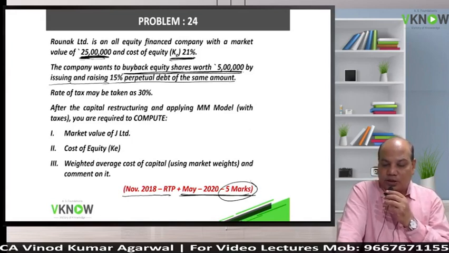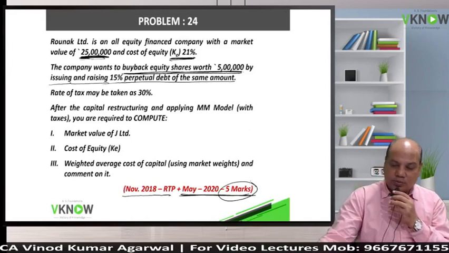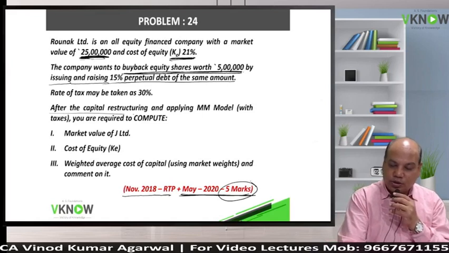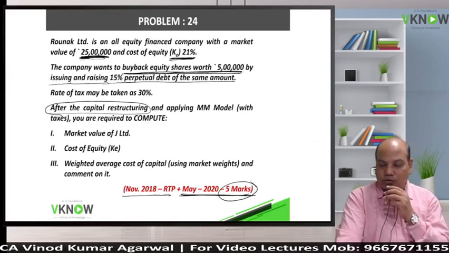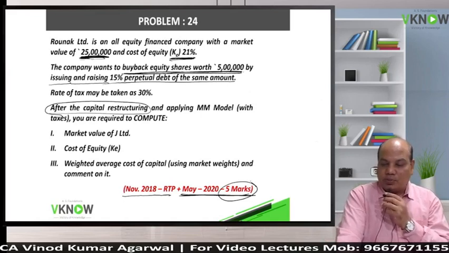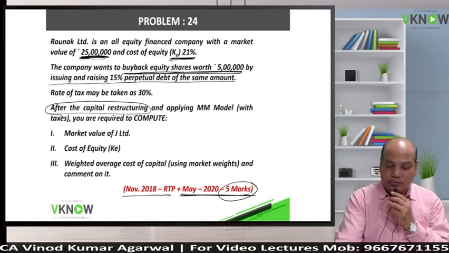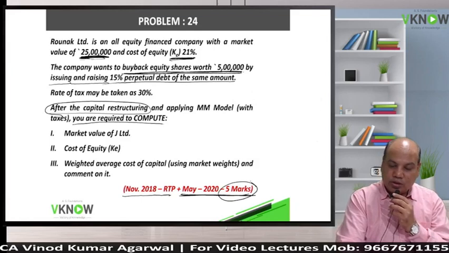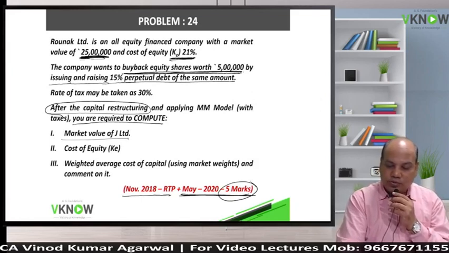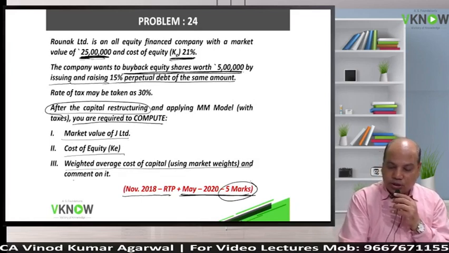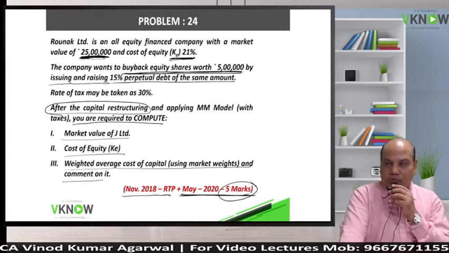After the capital restructuring, means after equity is reduced and debt of rupees 5 lakh is introduced, and applying model with taxation, you are required to compute market value of the firm, cost of equity and WACC using market value weights and comment on it.